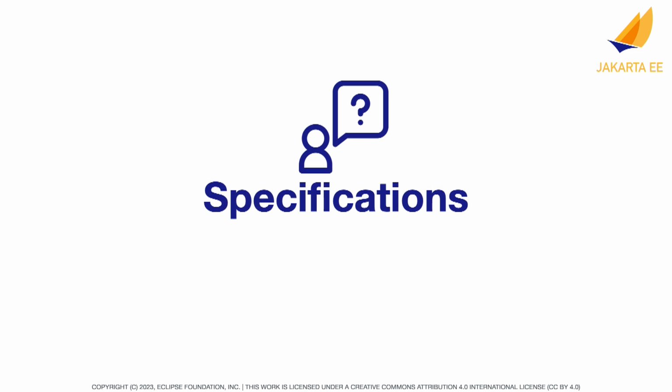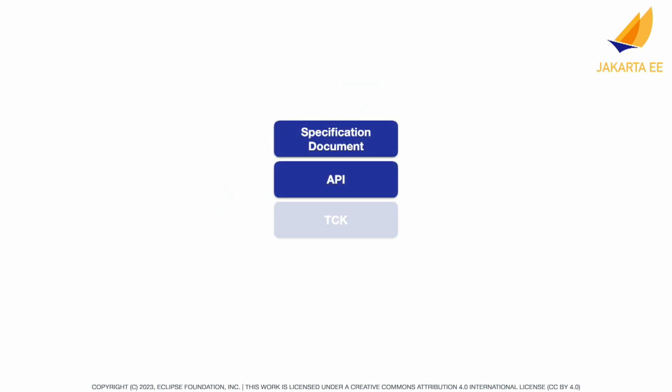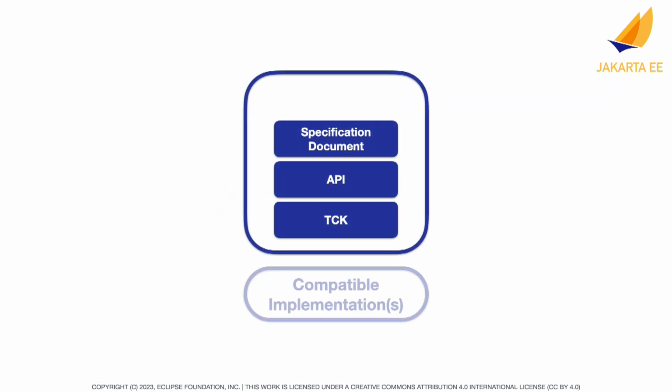I'll just back one step and talk about what specifications are, because Jakarta EE is all about specifications. Those of you using it know what it is; for those who don't, it's always good to repeat this. A specification is a textual representation of some piece of technology, usually in HTML or PDF. It's something human readable in a specification document. It is an API that you can get from Maven Central, which is what we as developers use when we program.